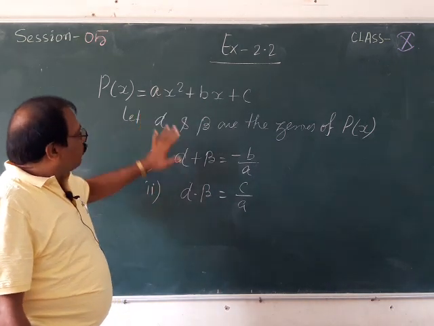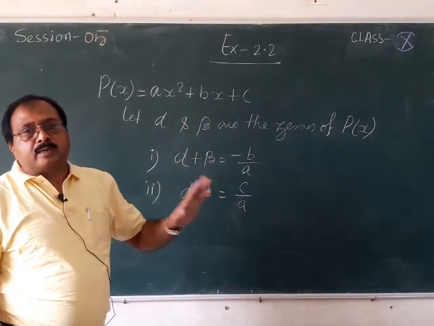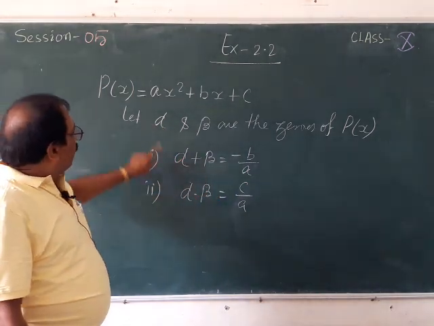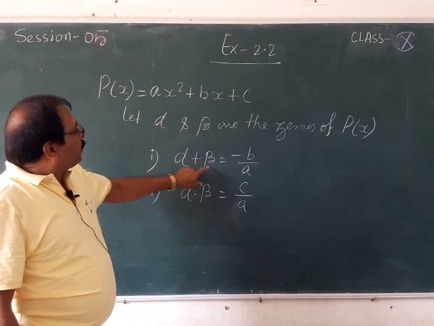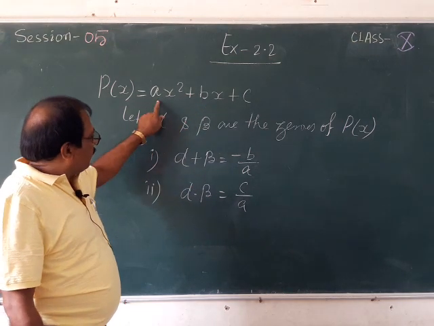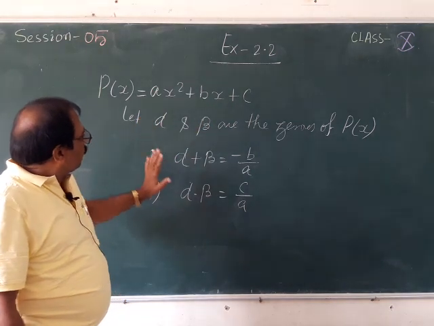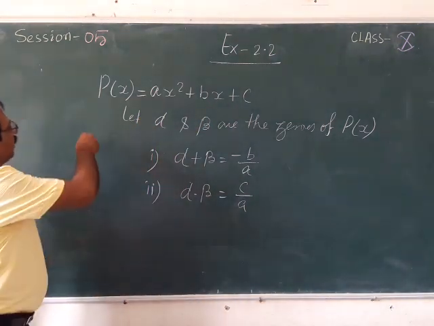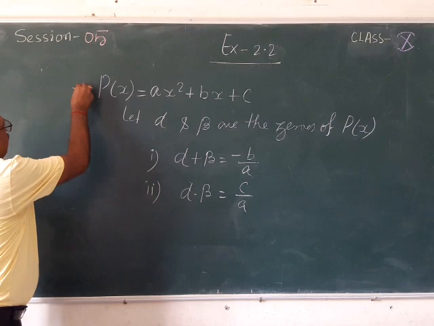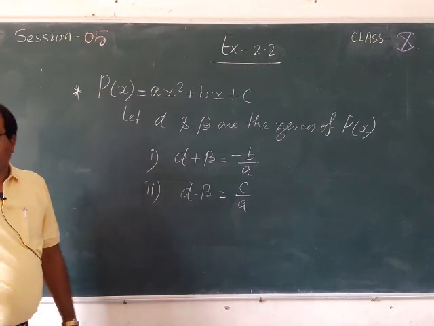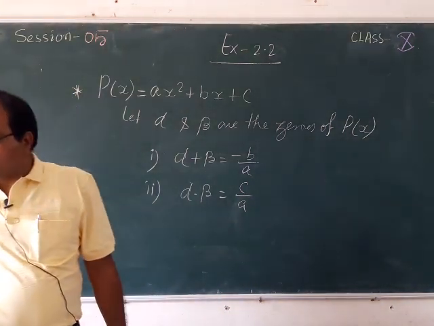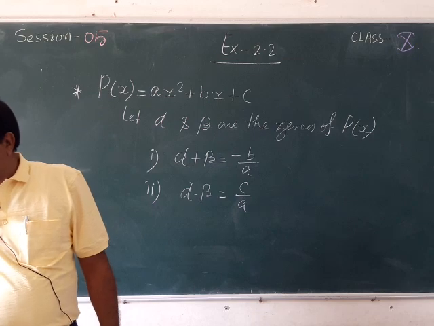This relation is valid for all quadratic polynomials. So alpha plus beta equals minus b by a, and alpha into beta equals c by a. You have to write this. This is a very important relation among the zeros of a quadratic polynomial.